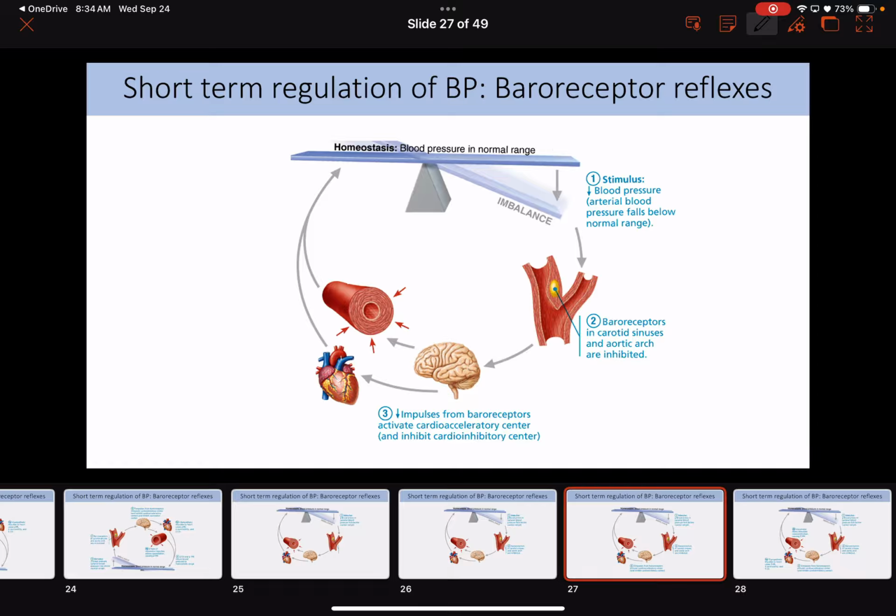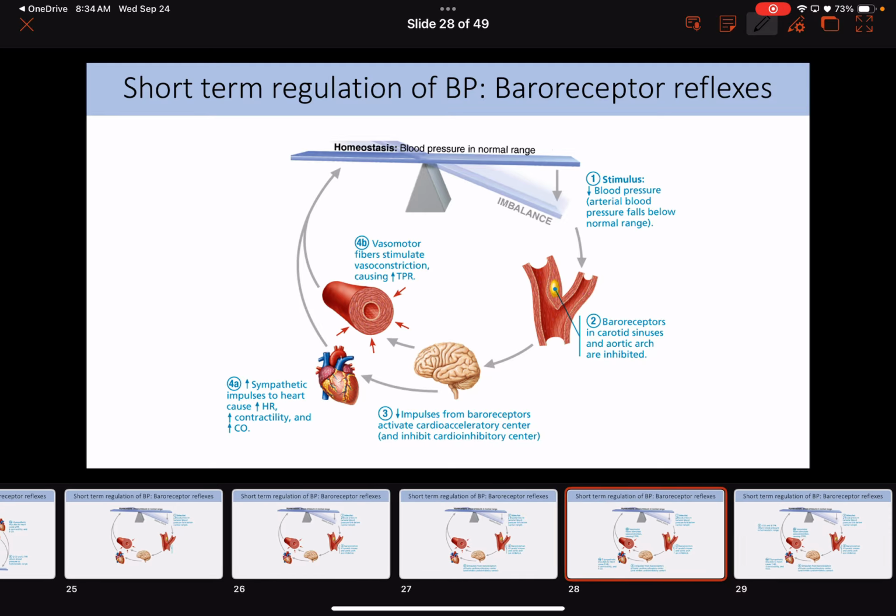Because of the lower blood pressure and fewer impulses being sent to the brain, this is going to excite the heart and allow it to speed up and increase contractility. So we have more sympathetic impulses to the heart because of this drop in pressure, which is going to increase heart rate and contractility, which will overall increase cardiac output.